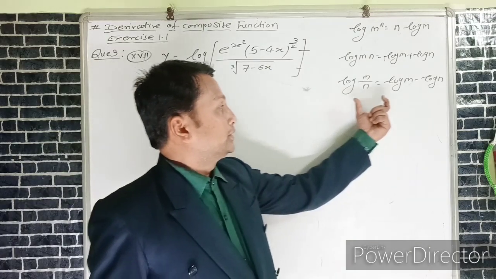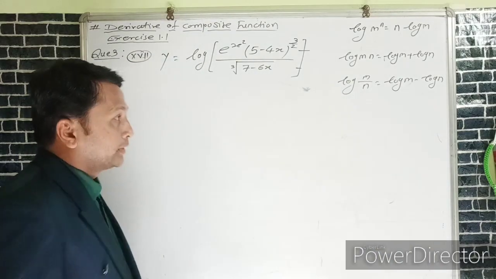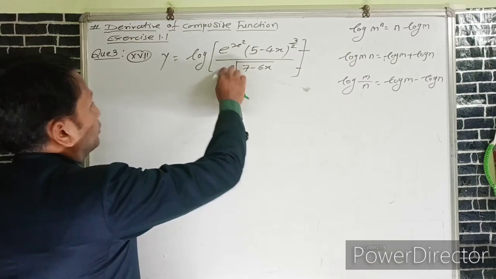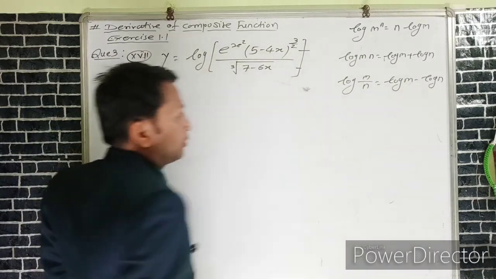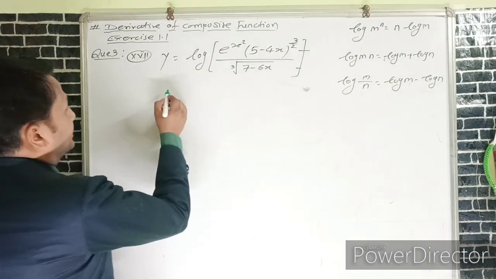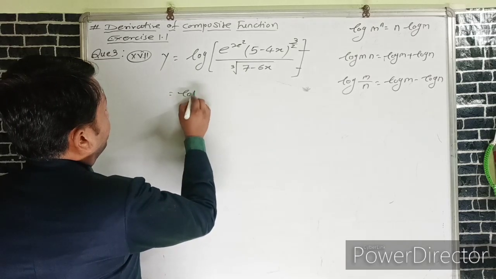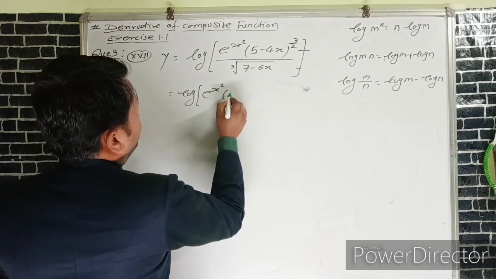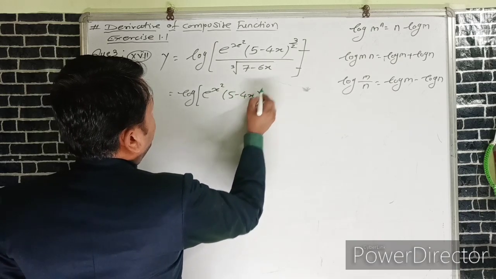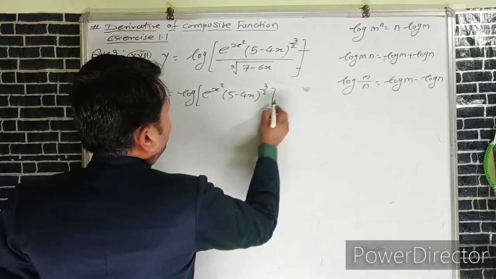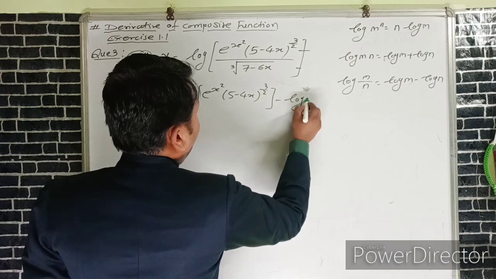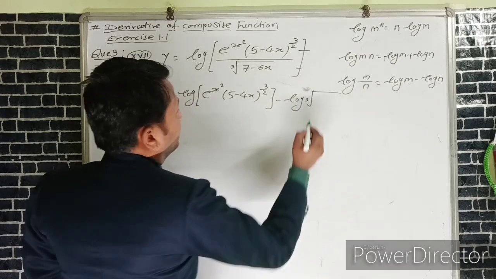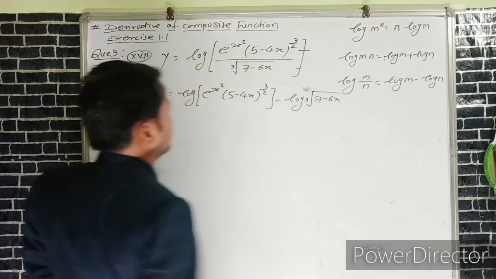Log of m upon n is equal to log m minus log n. If we apply here the rule log of m upon n is equal to log m minus log n, then we can write log of e to the power x square into 5 minus 4x whole raised to the power 3 by 2 minus log of cube root of 7 minus 6x.